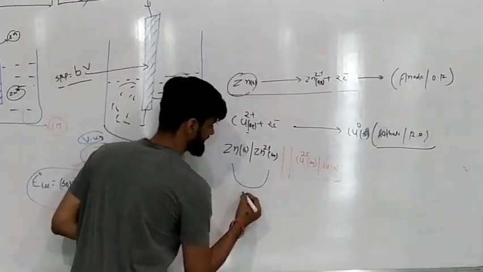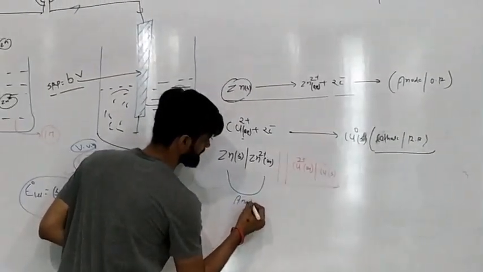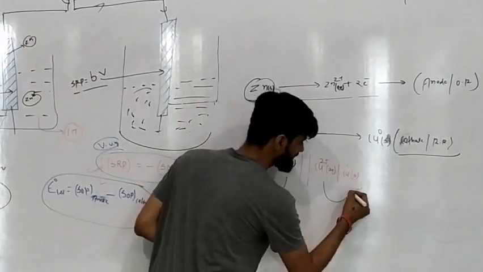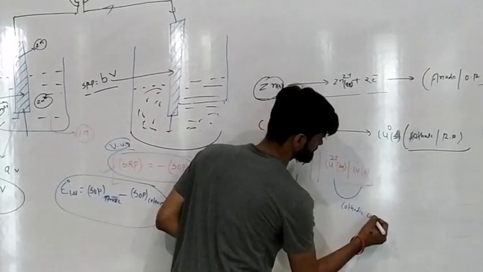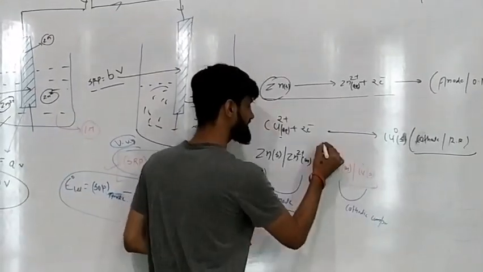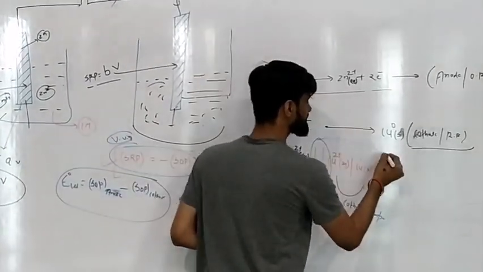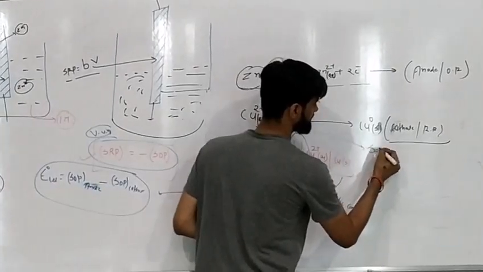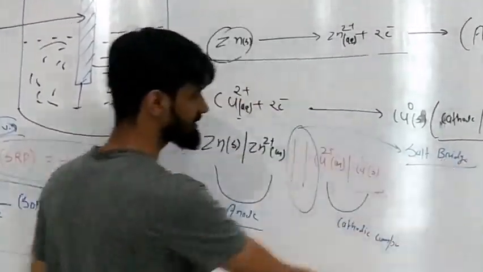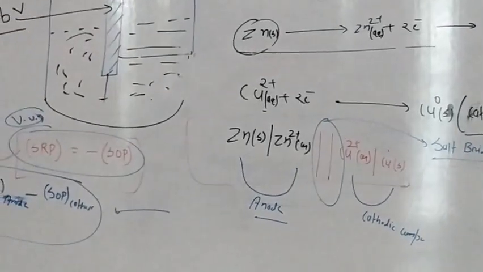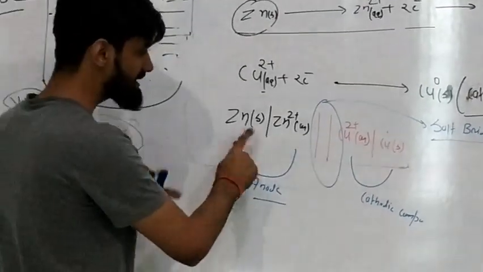This is the anodic compartment, and this will be the cathodic compartment. These two lines show the salt bridge. And this single line shows there is a partition.